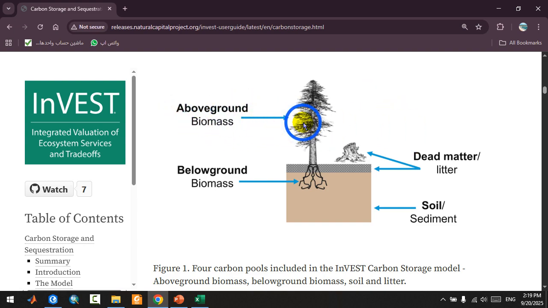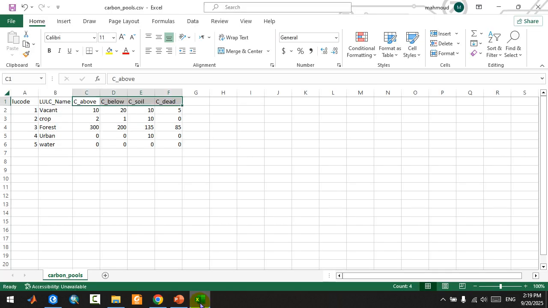Above ground biomass is the canopy of the tree, and below ground biomass is the root of the tree. Dead matter is the dried leaf and branch of the trees, and soil organic matter is the organic matter in the soil that sequesters and stores the carbon. Then the four carbon pools in the vegetation need to be imported into this table in Excel by CSV format and imported to InVEST software.